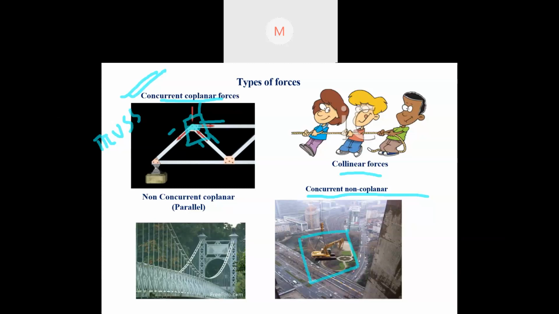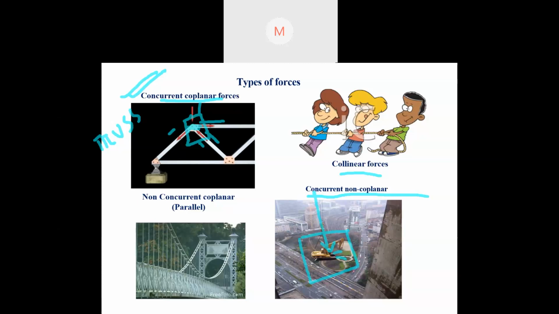So in the sky, if it is hanging, now the forces are applied from here. But then if you see these small wheels of the crane, the forces are applying on the same line.